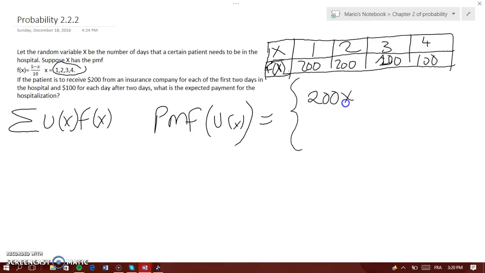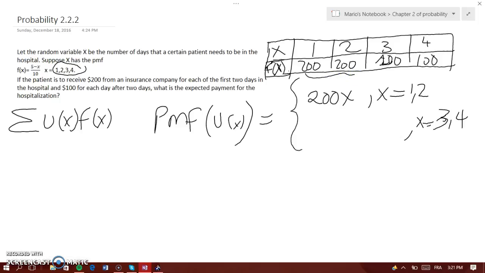we know that we will get $200, so 200x in the first 2 days, where x equals 1 and 2. And in the last 2 days, let's say x equals 3 and 4, then we know that for sure we already have 2 days.